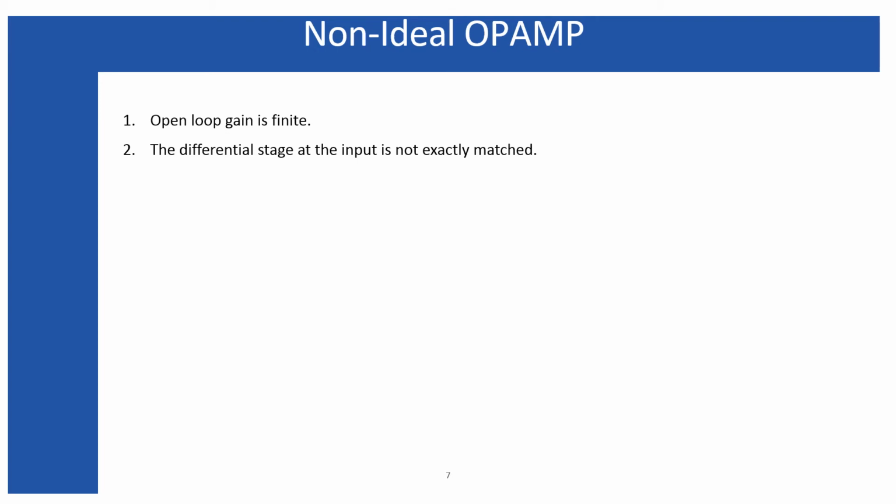The first point, the open loop gain is finite. This non-ideal effect I have already discussed in my last lecture, where I was discussing the inverting configuration and non-inverting configuration, and I showed what the inverting gain and non-inverting gain will be due to the finite open loop gain. So I'm not considering the first point. The second point is another important one: the differential stage at the input is not exactly matched.